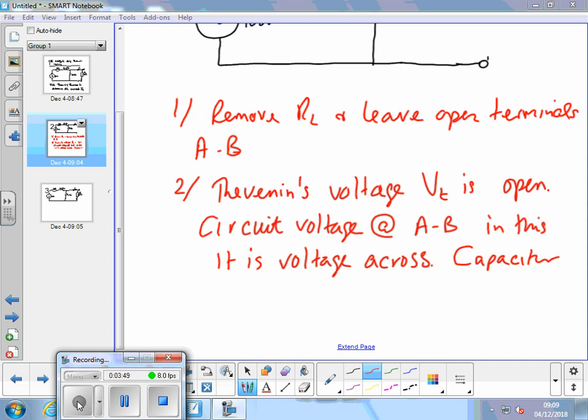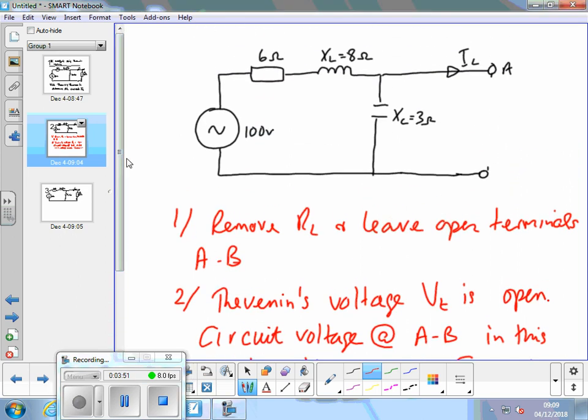Because when that's open circuit, the terminals here are going to see the voltage that's across the capacitor. So if we can find the voltage across the capacitor, we've got our Thevenin's voltage. However, unlike the DC problems, in this circuit it's going to be a complex voltage with an angle associated with it.